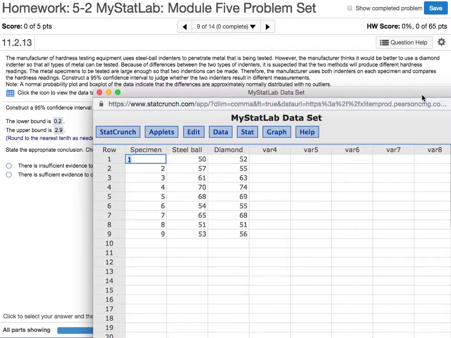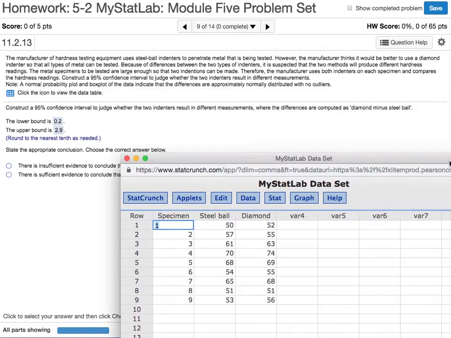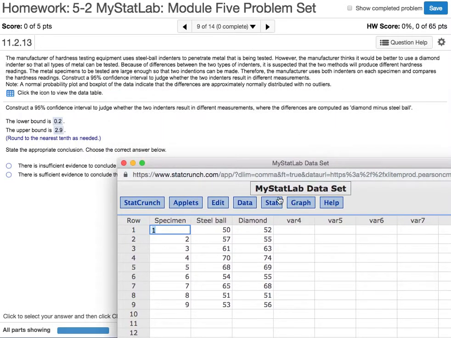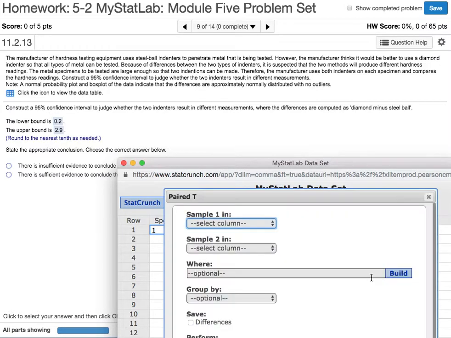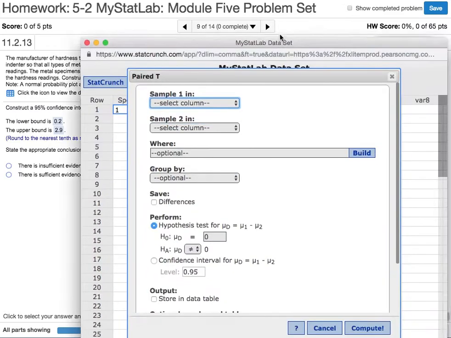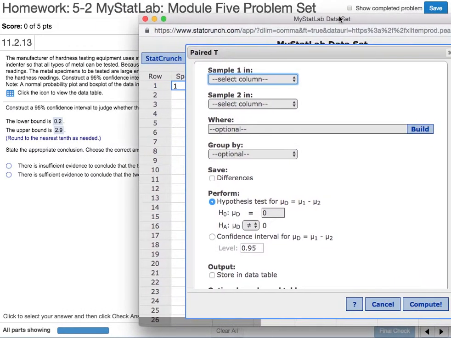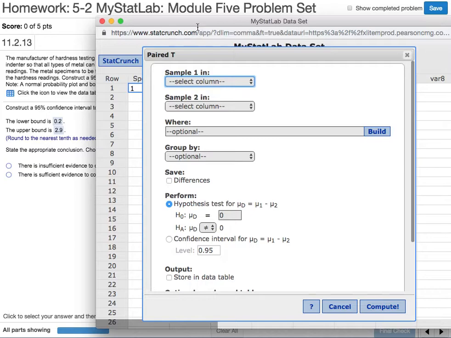So here we have the information, and I'm going to put it over here, and we're going to use t-stats and paired. As I mentioned earlier, the numbers go together per specimen or per sample. They're matched together.